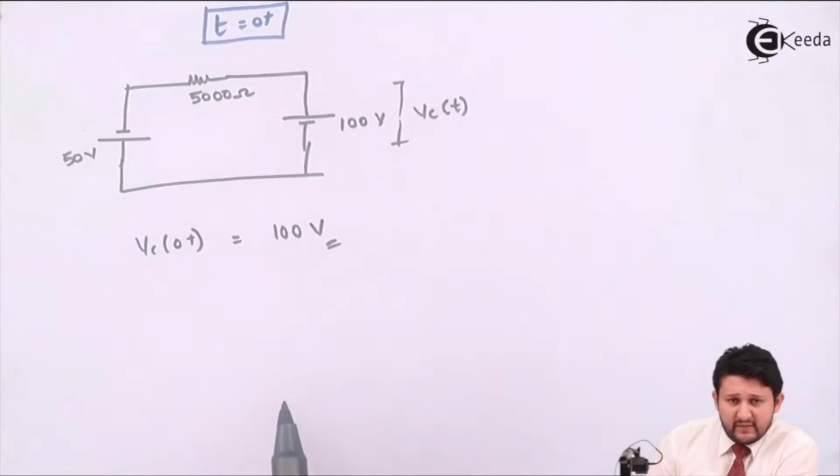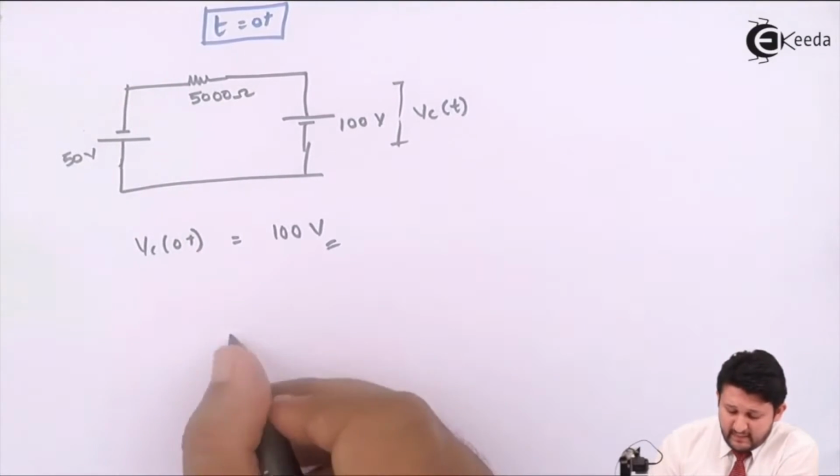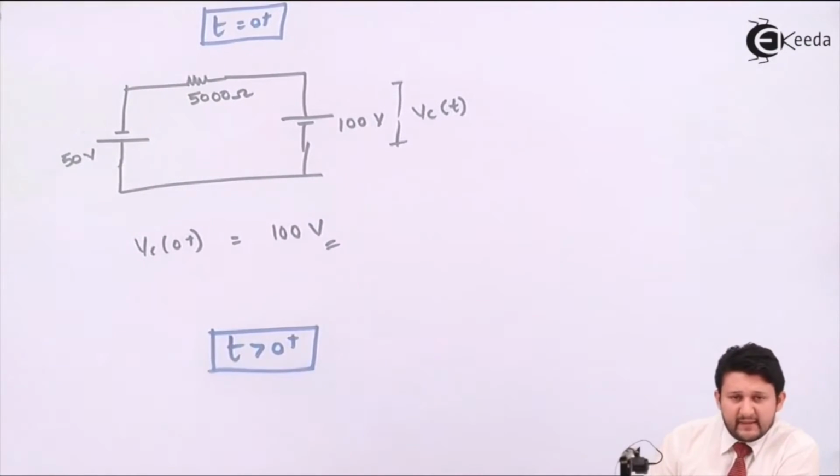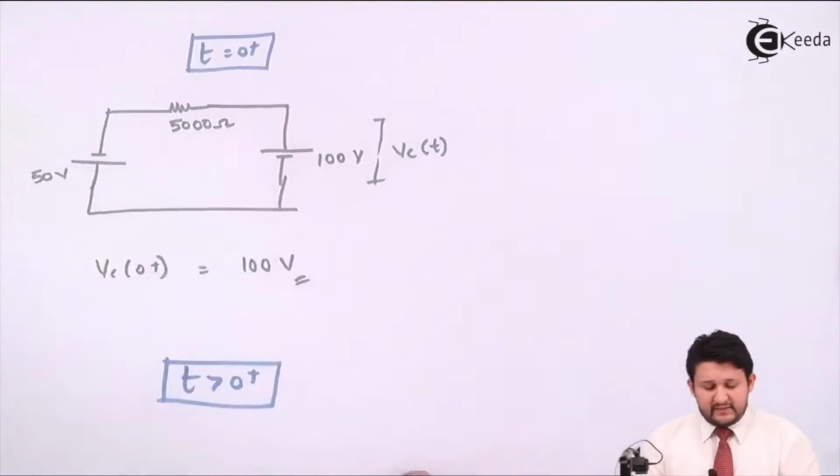So now let's observe my third condition. My third condition is t greater than 0. In this case, I'll be considering my capacitor. So let's draw the circuit.